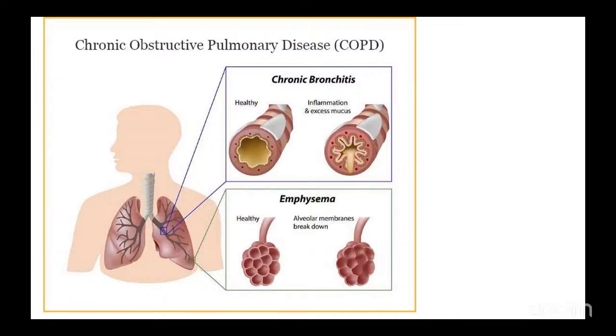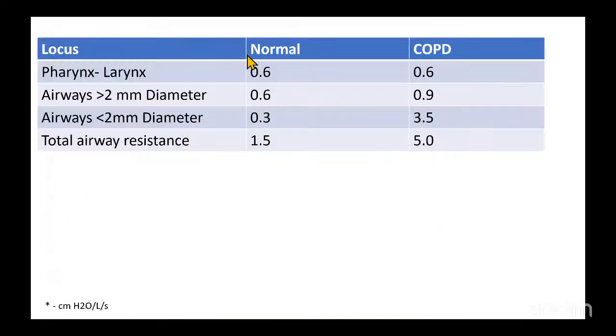So they are more prone to collapse, especially during expiration. You can see here, normally in airways less than 2 millimeter diameter, the resistance value is around 0.3. But in COPD, this resistance will go up about 12 times, to 3.5, as you can see here. The rest is not much different, but especially this.